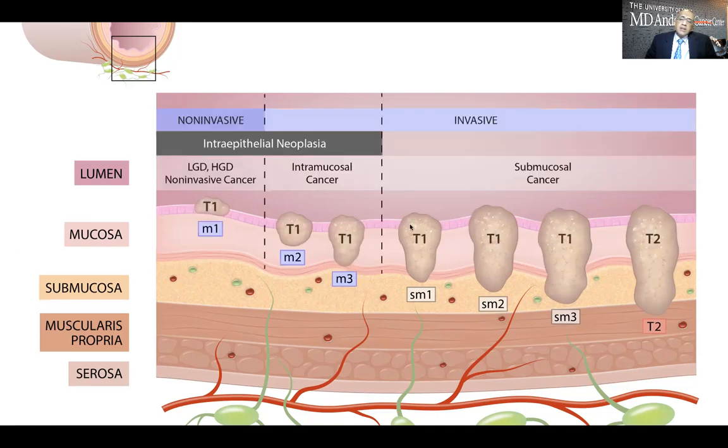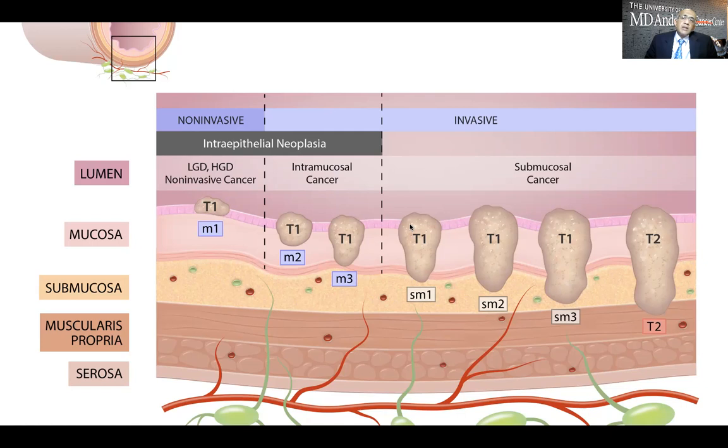So as you can see here, let me summarize. When the lesion penetrates the muscularis mucosa, it becomes invasive adenocarcinoma. And when it goes into the submucosa, but is limited to the superficial submucosa, we as endoscopists still have a chance for curative resection.